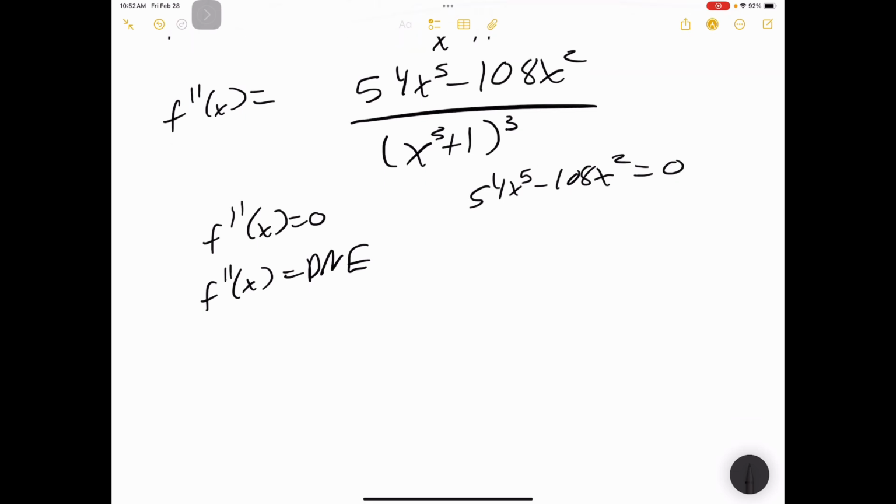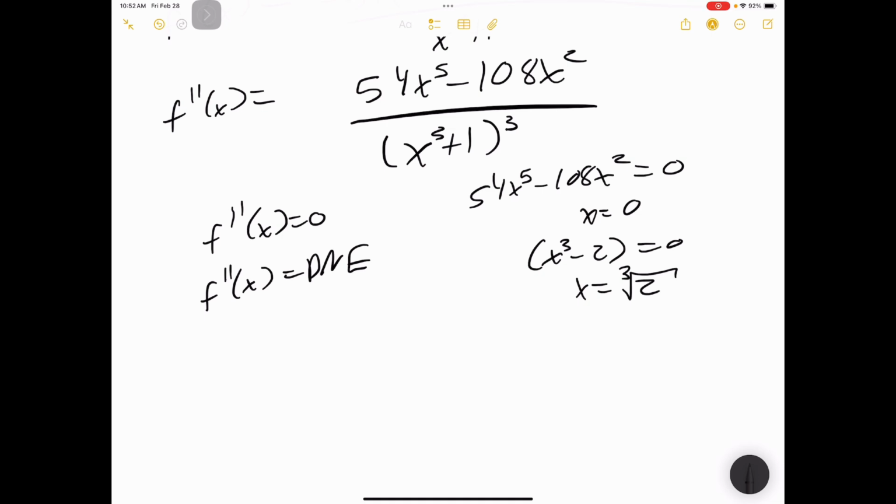Those points are, well, when x is equal to 0, that's a simple one. And then if we pull out x squared and 54, we see that it's also when x cubed minus 2 is equal to 0, which is when x is equal to the cube root of 2.